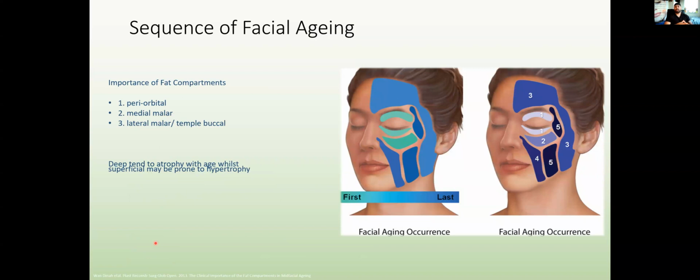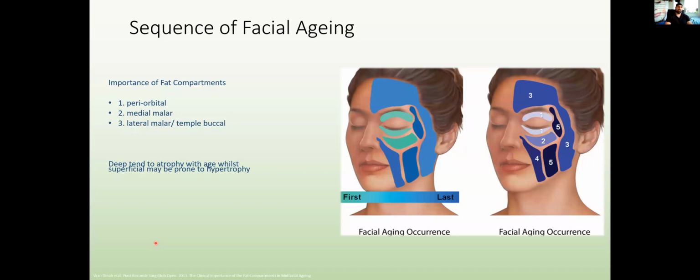Some of you may have seen this slide before in the previous webinar, where we're looking at the stepwise process of aging of the fat pads. This is an image taken from a study that was done in 2013 by Juan Dina and his crew. We can see that one of the first signs of aging or loss of volume in the fatty compartment is in the periorbital region.